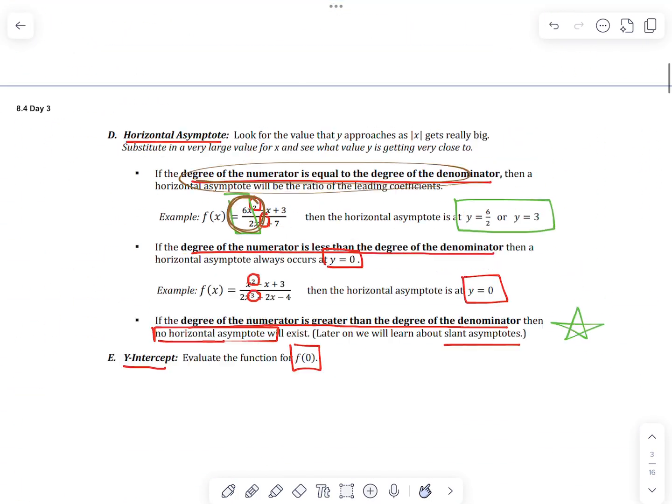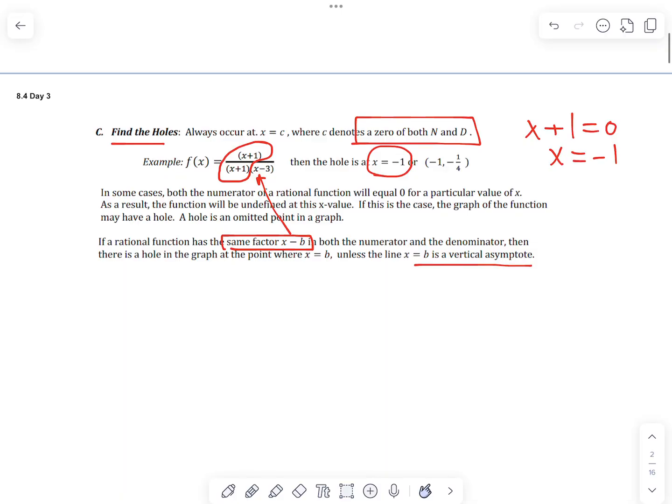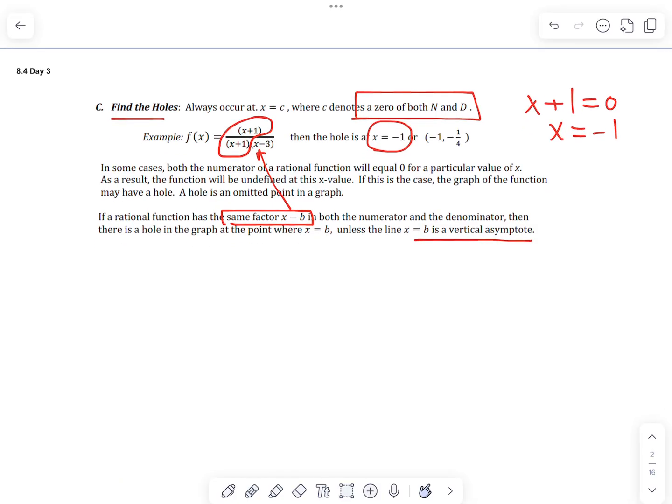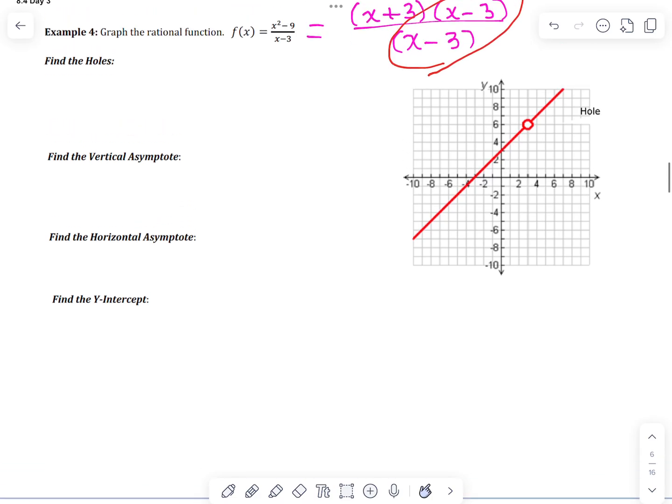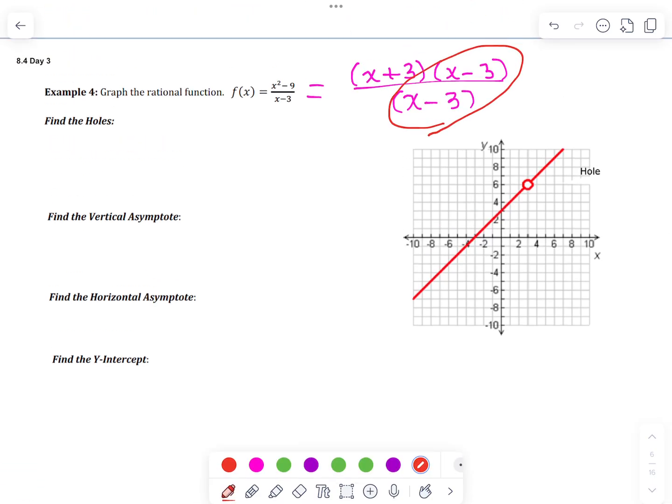If we go back up here, our holes in the graph are when we have a common factor. So we set that common factor, x minus 3, equal to 0, and then solve for x. So here is 3, and we go up, there is going to be that hole in the graph.